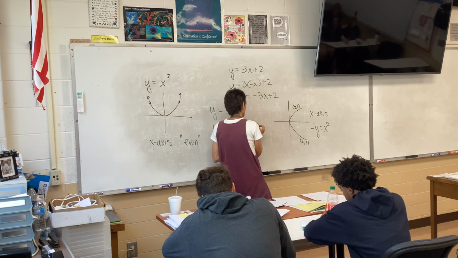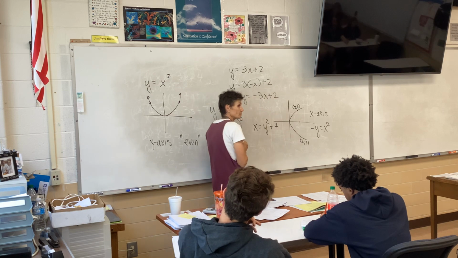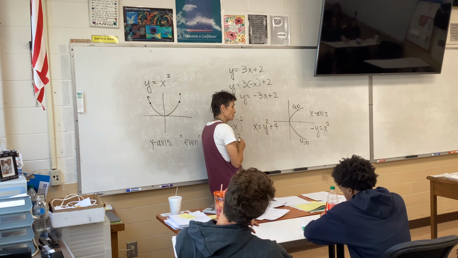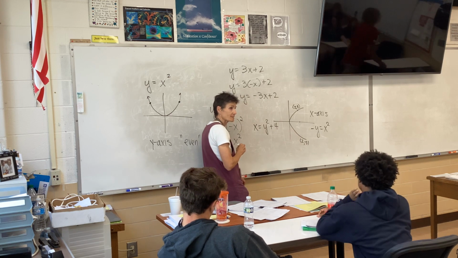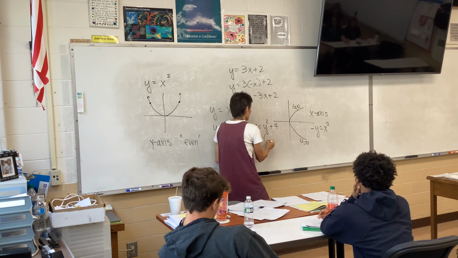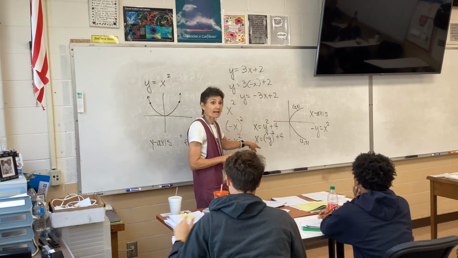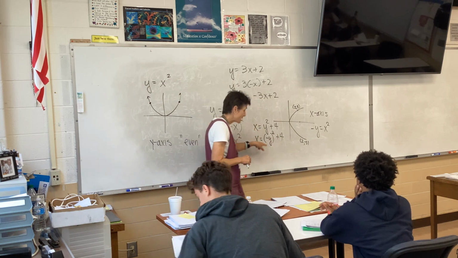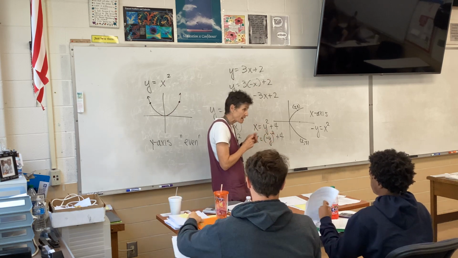What if I had the equation x equals y squared plus 4? And I said to you, does that have symmetry about the x-axis? Well, you'll change the sign on y. Does that give us the exact same equation? So yes, this equation has symmetry about the x-axis.